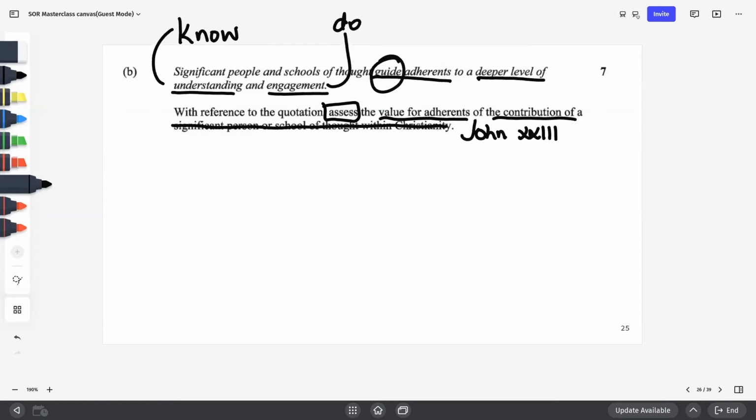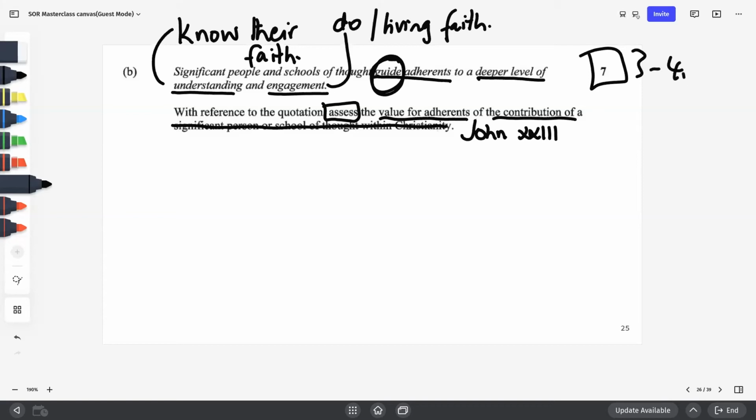So how has John guided adherents? Again, we've got this guide to a deeper level of understanding, knowing their faith, and doing, all the living of their faith. Remember, it's 7 marks, so you probably need a good 3 to 4 points here. So we will talk about John as a role model and how to live as a baptised Christian.